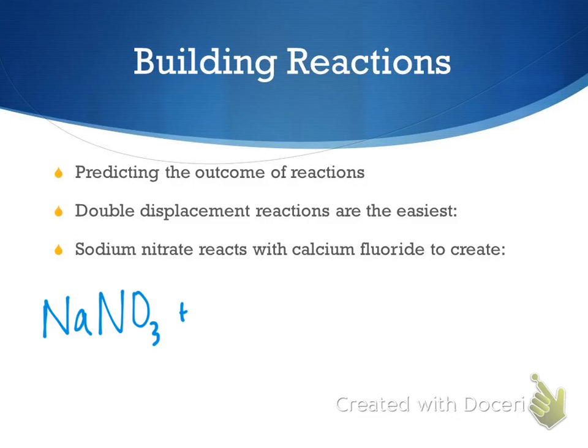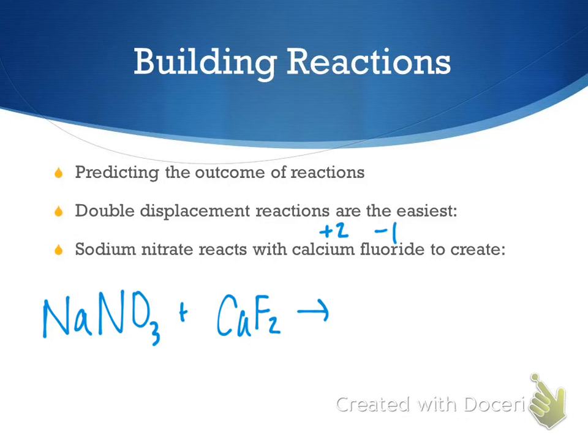Reacts with calcium fluoride. So calcium is a +2 and fluoride is a -1. So how many fluorides do I need? CaF2. Okay, if this is not ringing any bells, you need to brush up a little bit, okay? That's what we're going to work on today a lot. But if this is totally foreign to you, you're going to have to pick up the pace a little bit.